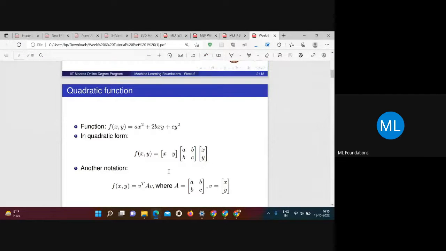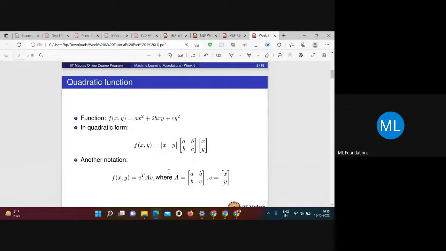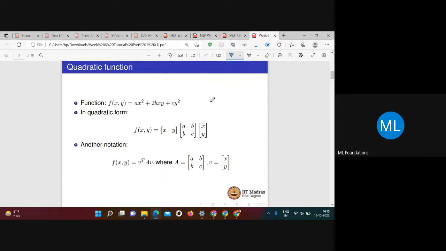Okay. So can somebody tell me, if you have gone through the lecture, where can we use this concept of positive definiteness? For which type of matrices can we use this definiteness?